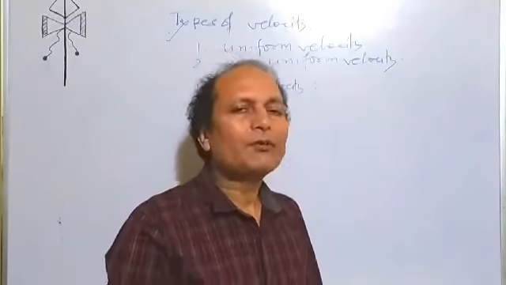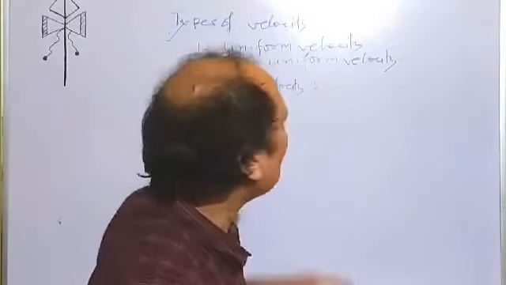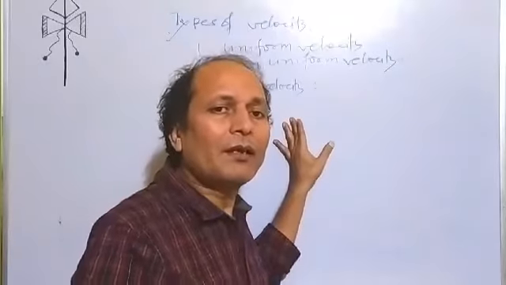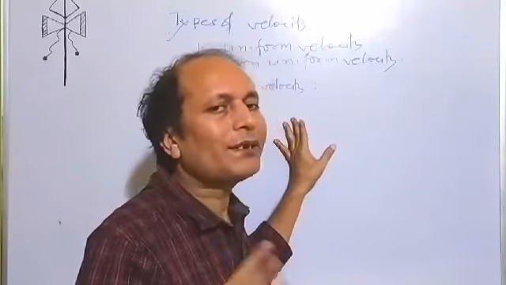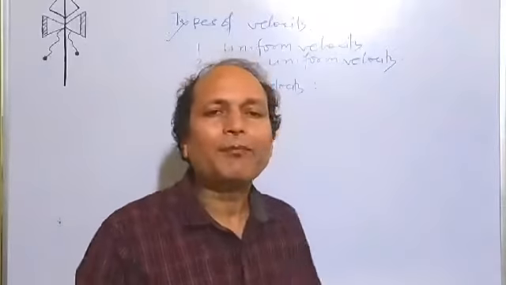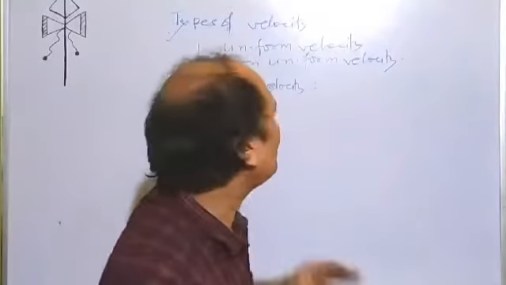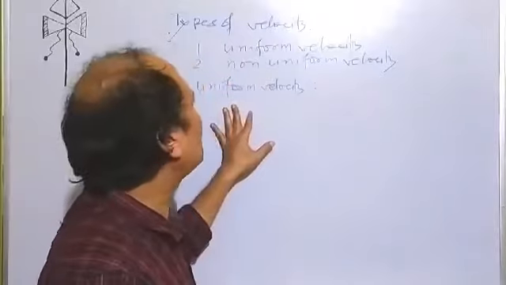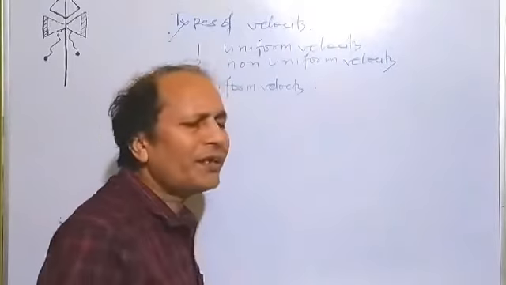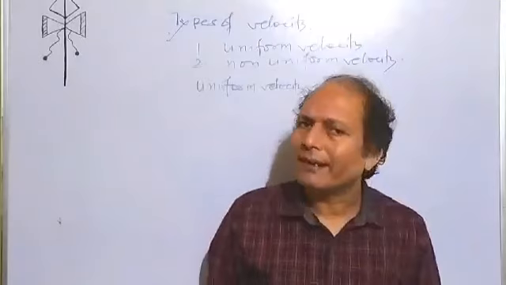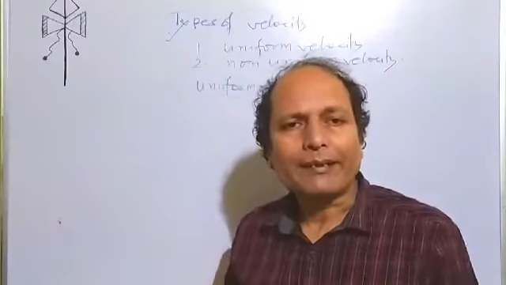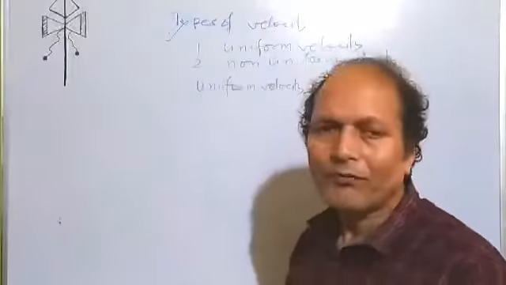So if the conditions in which velocity takes place are changed, velocity changes and becomes non-uniform. We are now discussing uniform velocity: when a body goes equal distance in equal intervals of time in a particular direction or in a straight line, it is called uniform velocity.